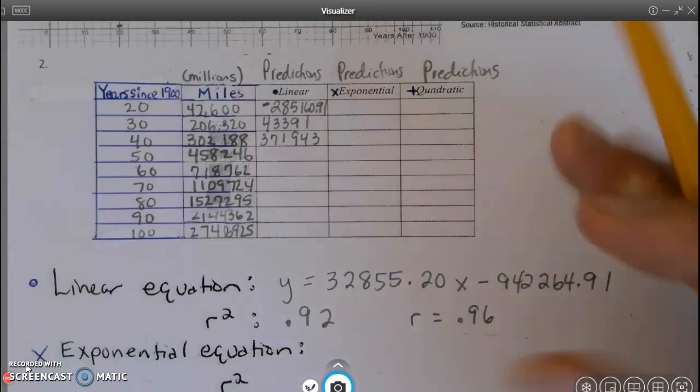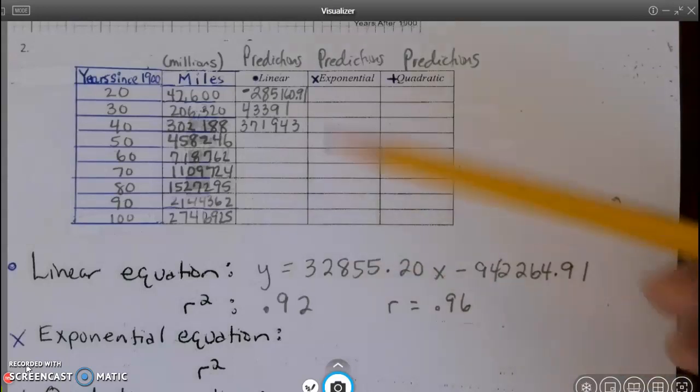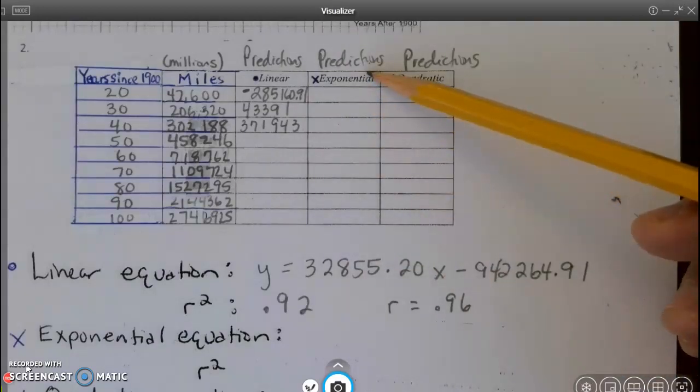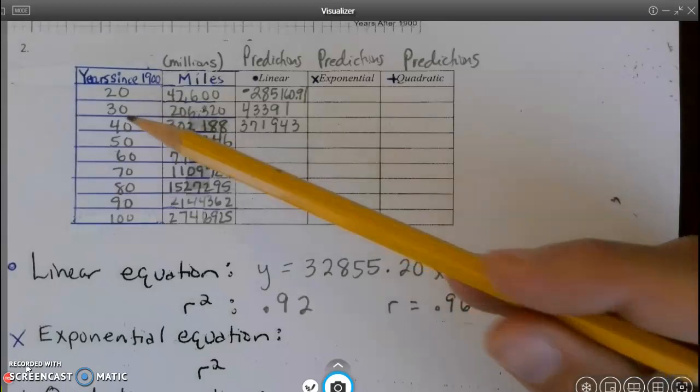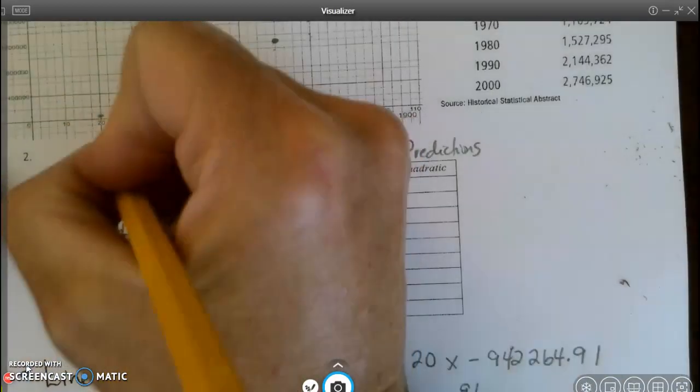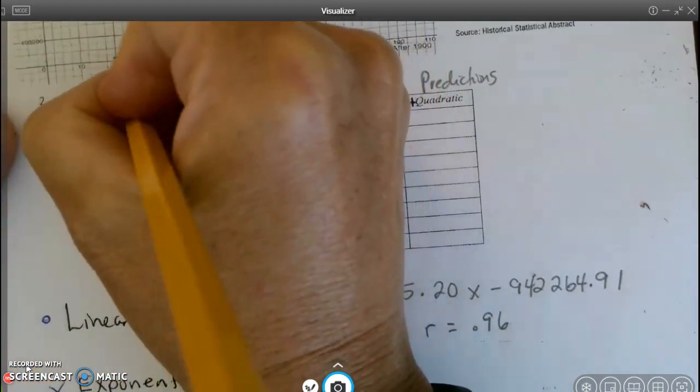Once you're finished, whatever equation you wrote here in exponential, you're going to go back to your calculator and go to L4 and write your exponential equation. But remember, when you do that, don't use x. Remember, x is represented by L1. So this column here is my L1. I'll put it at the top because that's where you're used to seeing it.